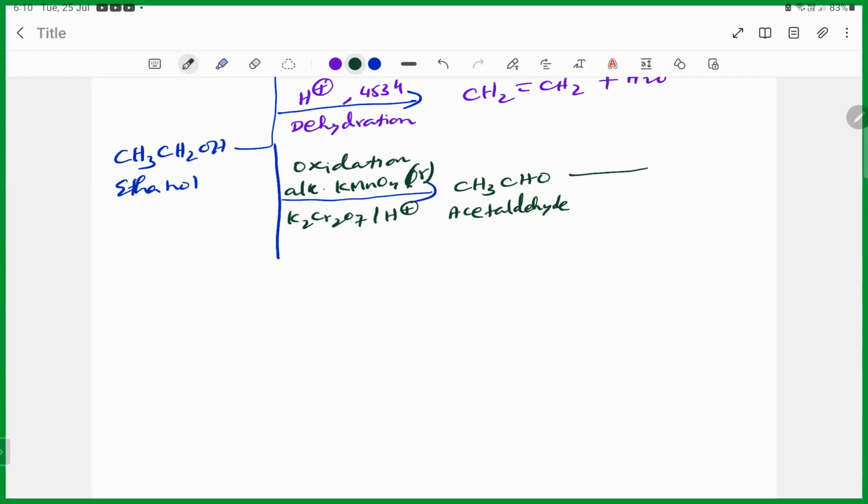When acetaldehyde undergoes further oxidation, it gives acetic acid. You can directly write acetic acid also. In case-based questions, they will use this equation. That's why I'm repeating.